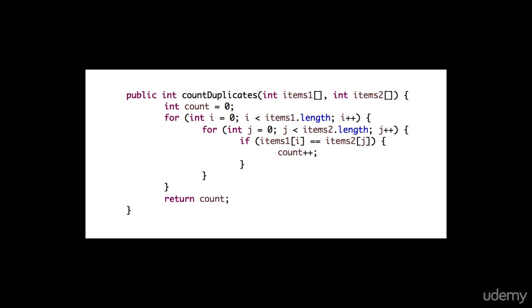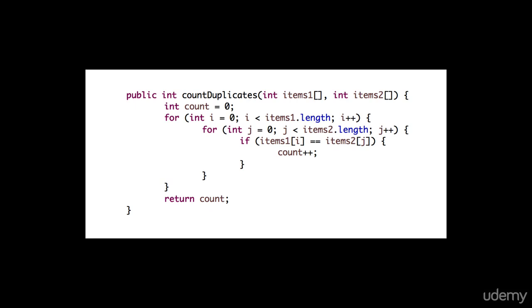Items 1 and items 2 are the arrays. And the way it does this is by comparing each element in one array with every element in the other. So you can imagine that this kind of thing is not going to scale as well as the linear one we saw before. But then, of course, it solves a different kind of problem.